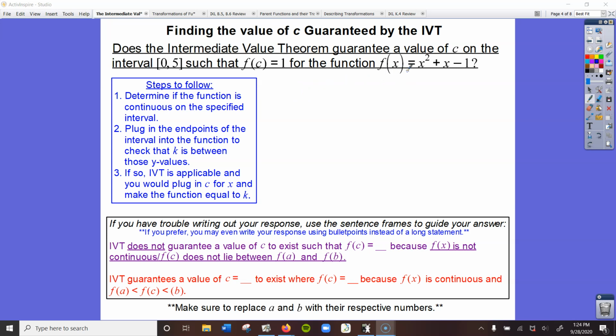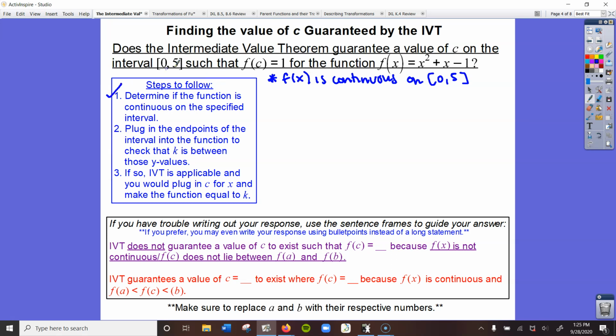Now, by looking at f of x, we can see that this is a quadratic polynomial, meaning that it'll be continuous everywhere. So right away, you can go ahead and state f of x is continuous, which takes care of that first condition of the IVT. So step 1 is complete.